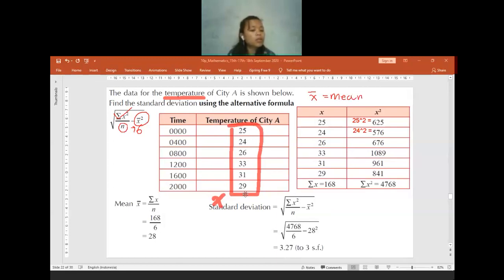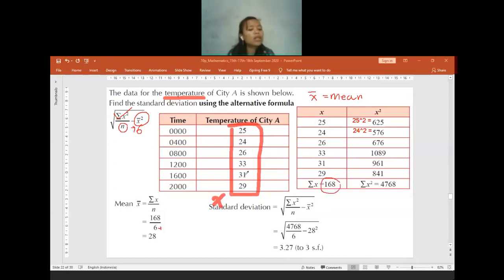We can total all of the values for the temperature, and then we divide by the number of the temperature given. There are 6 different temperatures, that's why the n will be equal to 6. And then the total temperature, we have to plus 24, 25, 26, 33, 31, and 29. We have to plus all of them, I get 168.